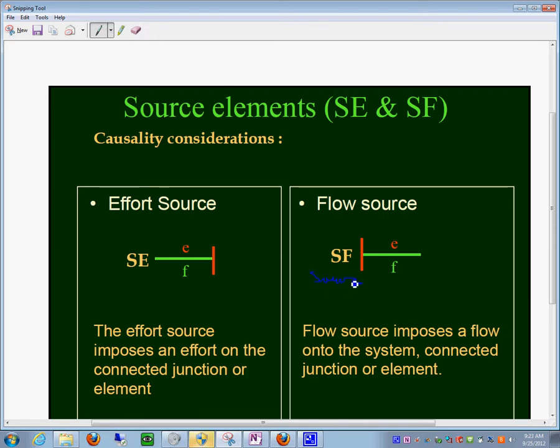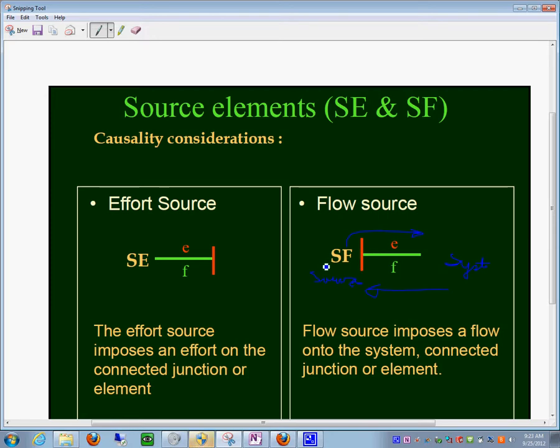I don't have my tablet today, so it's a little hard, but in any case, what goes out of the SF towards the system is the flow, this variable, this one. And here's your system. From the system, the feedback is this effort, see?